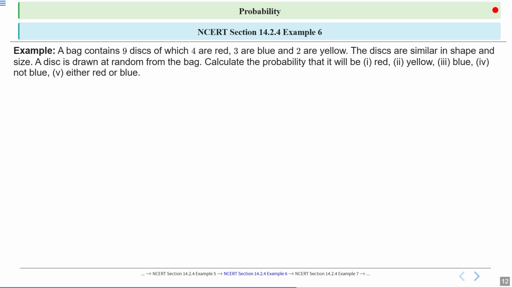Now calculate the probability that it will be red, yellow, blue, not blue, and either red or blue. Students, try to solve this example first. You have 10 seconds. How would you approach this example? Your time starts now.